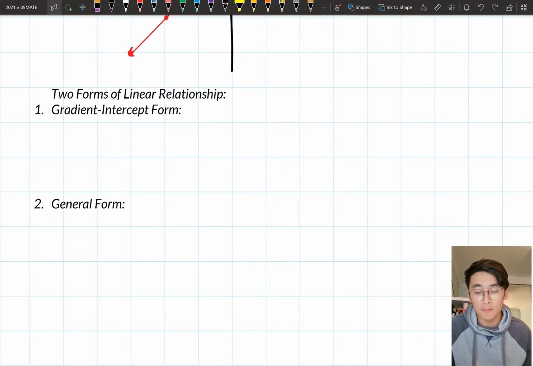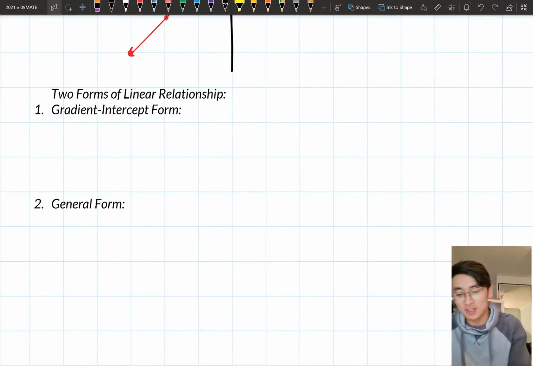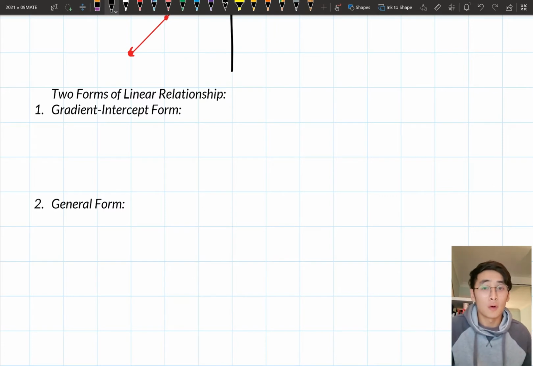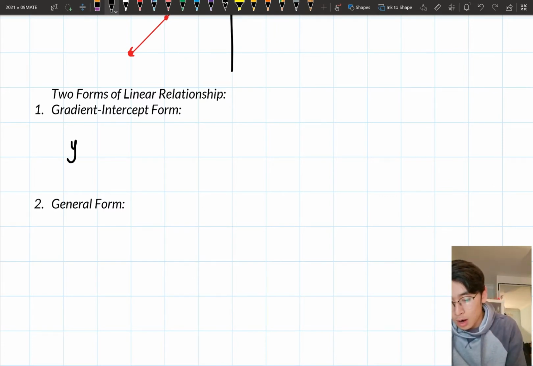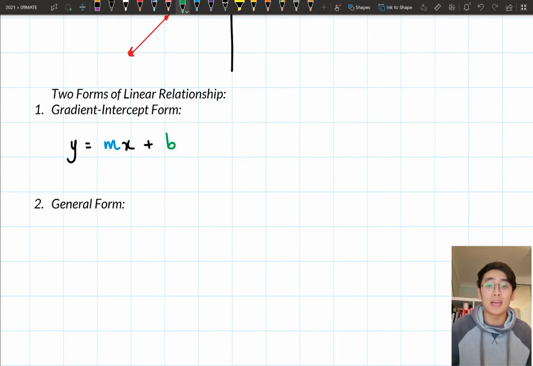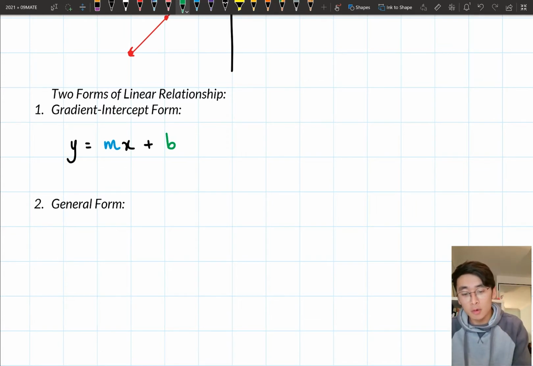Now the gradient intercept form, these are just formal terms that we're using for this, but I'm just going to introduce it to you here. The gradient intercept form looks like this. y = mx + b. Now m and b are just random numbers. Here we don't know what they are, we're just using letters to represent them. But here I have a relationship between my y and my x.